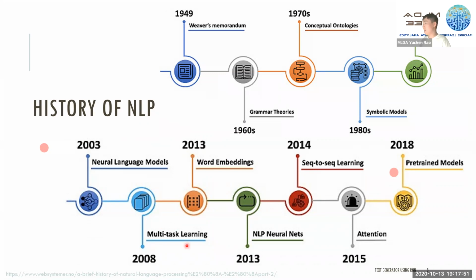After that, we had something like multitask learning, and very importantly, in 2013, we had word embeddings. This is a very popular model. During that period, scientists also found that we can use neural network models in NLP, for example the very popular recurrent neural network, which we will cover today, as well as CNN, convolutional neural networks, and recursive neural networks.